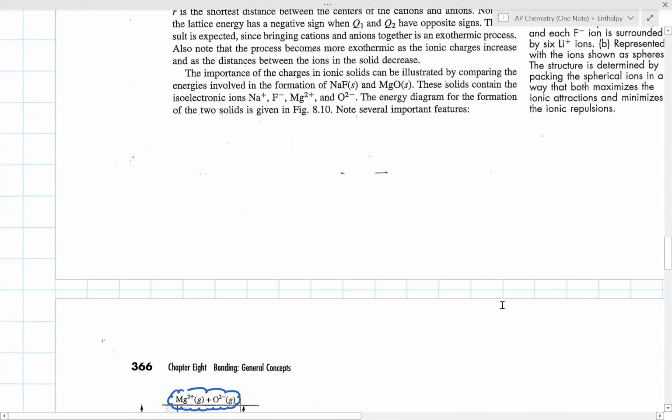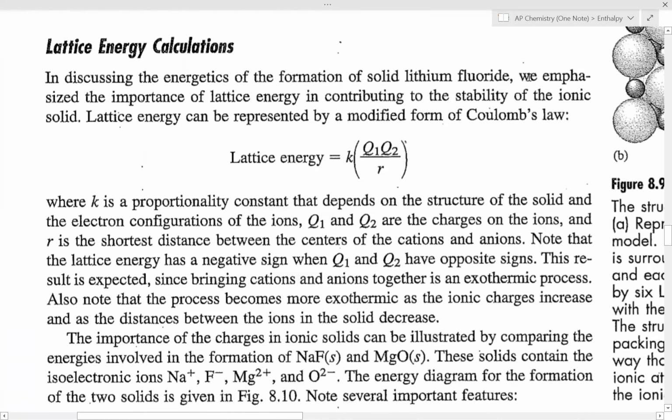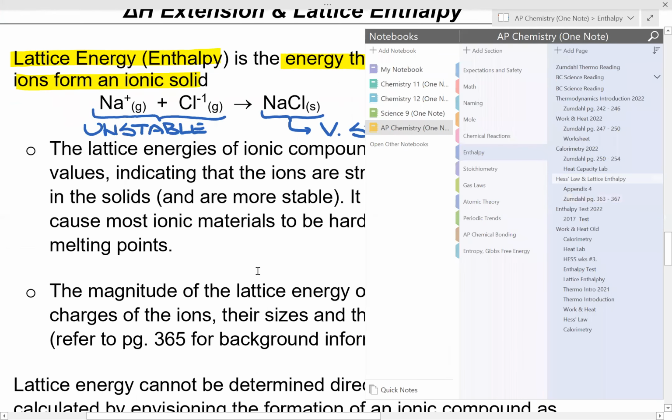This idea of lattice energy comes from the formula of Coulomb's law. In the background material, they talk about what the k means, and what Q1, Q2, and r mean, to give you some background.